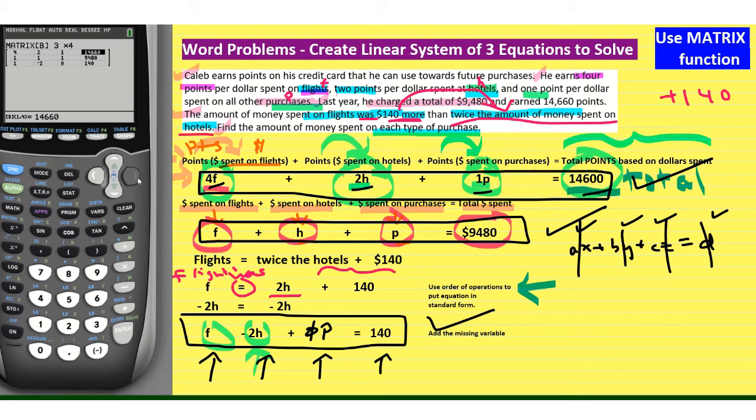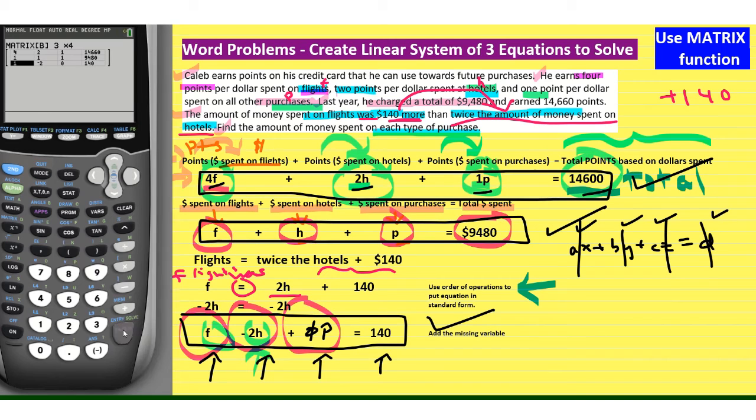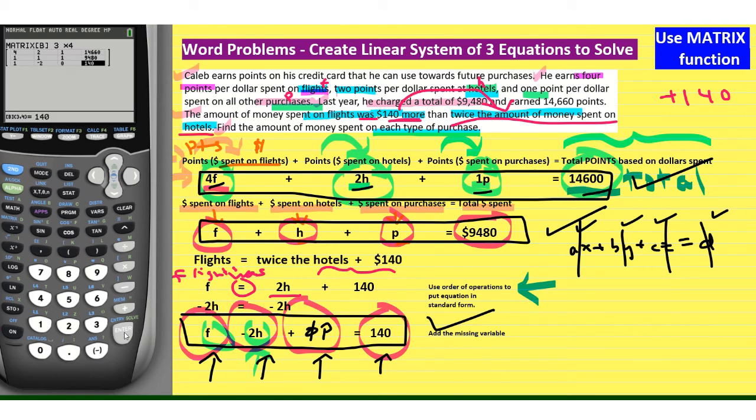So you'll see in the second row, I have put 1 and 1 and 1 and 9,480. In the third row, I also have a 1F, negative 2H, 0 P's. So I've got a 1, a negative 2, 0, and the 140 constant. So all of those have been entered into my matrices.